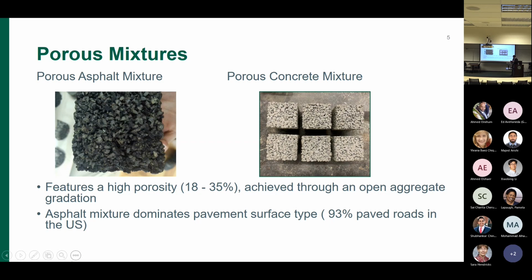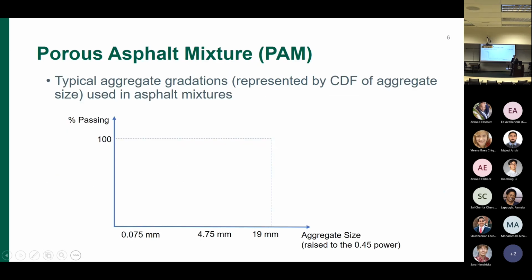Now, here in the United States and in many other countries, over 90% of pavements are paved with asphalt materials. So my work will mainly focus on asphalt mixtures, porous asphalt mixtures. As I mentioned, the high porosity is mainly achieved by selecting a specific distribution of aggregate sizes.